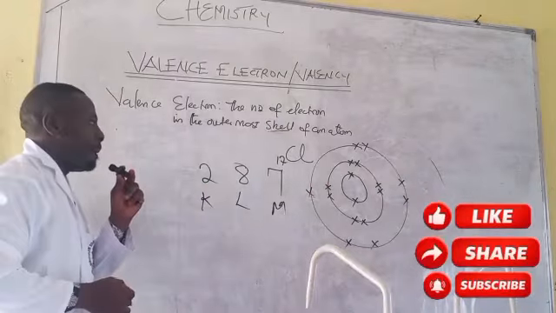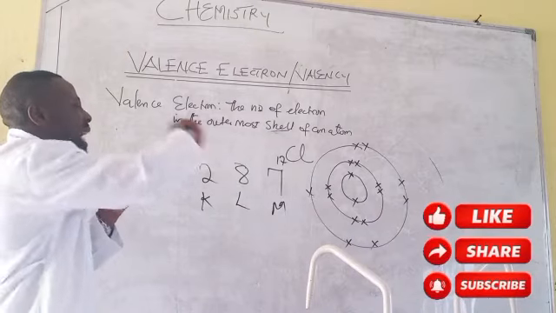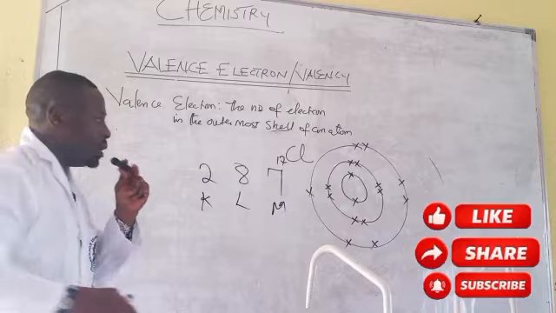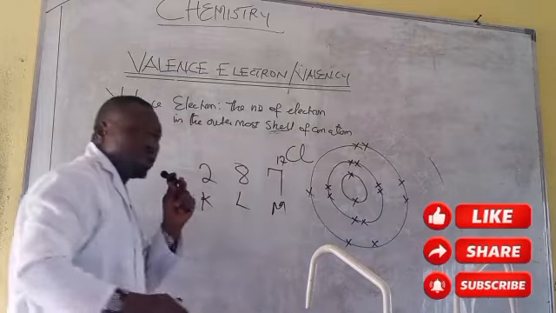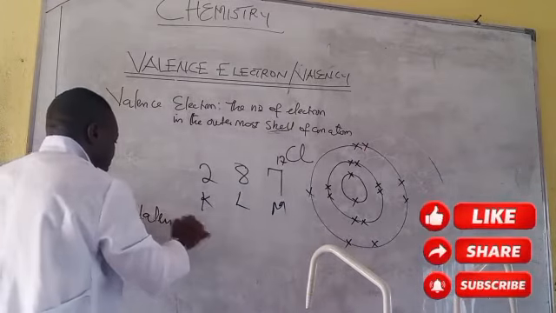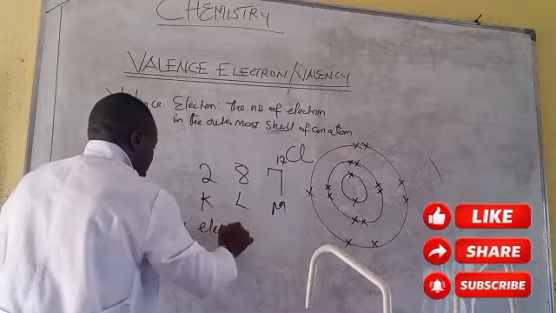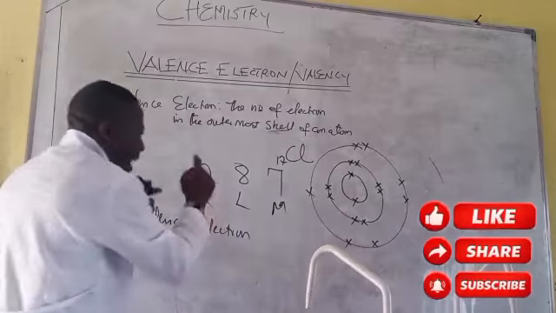Are you getting me now? How many electrons are in the outermost shell of chlorine? We have 1, 2, 3, 4, 5, 6, 7. So chlorine has 7 valence electrons. I repeat, chlorine has 7 valence electrons.